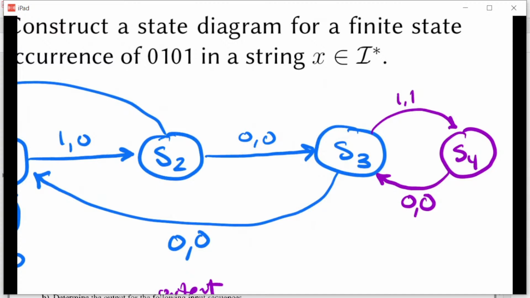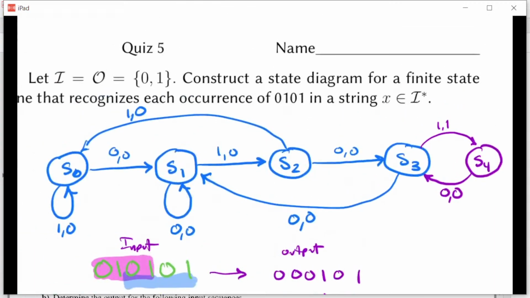And then the next one would give me another output of 1. So that's fine. And then, of course, you have to deal with what happens if you get a 1 in state 4. I think that's going to put you all the way back here. Because if you get a 1 in state 4, it means you have two 1s in a row, so you have to restart looking for 0, 1, 0, 1. So yeah, it's fine to have more states.